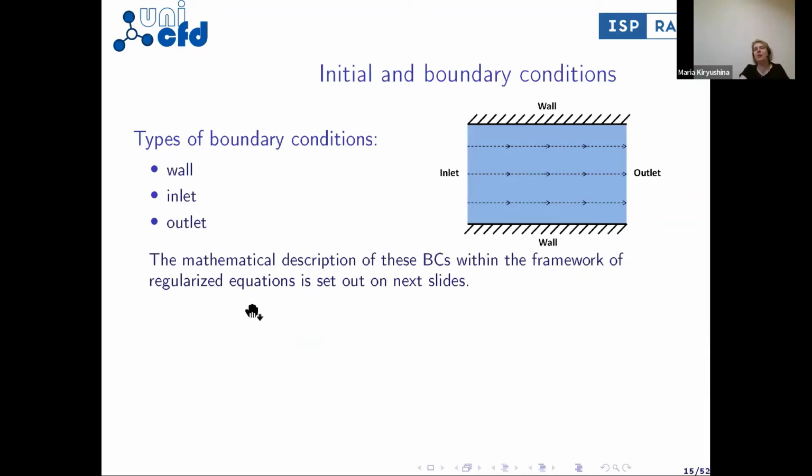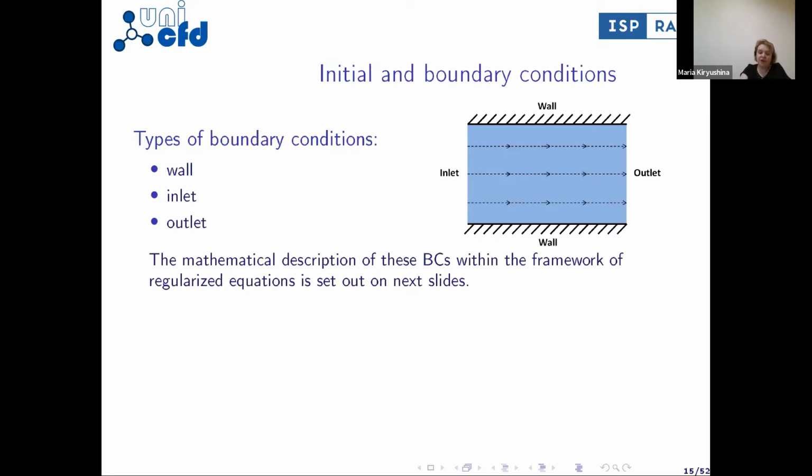And the time step is selected according to the Courant condition. Delta time should be less than some coefficient multiplied by tau. And this coefficient is usually 1.5.